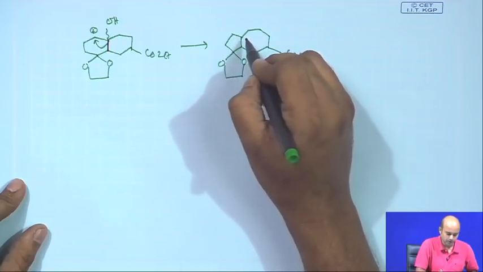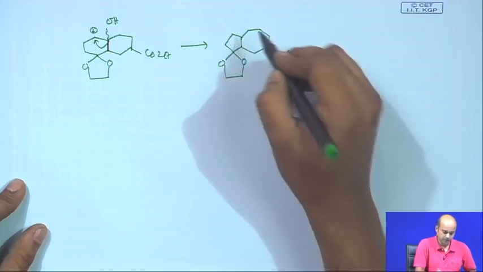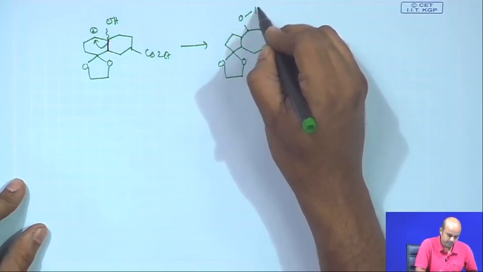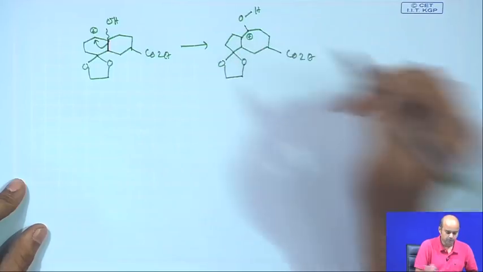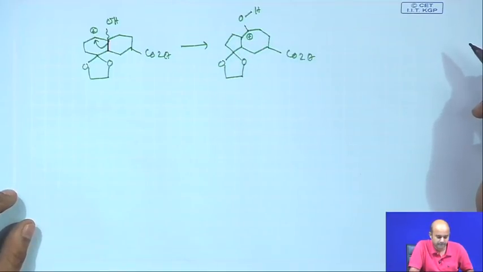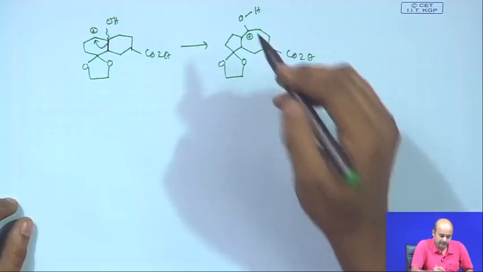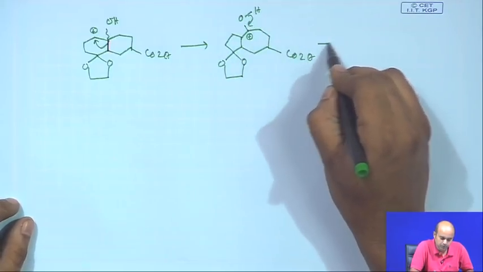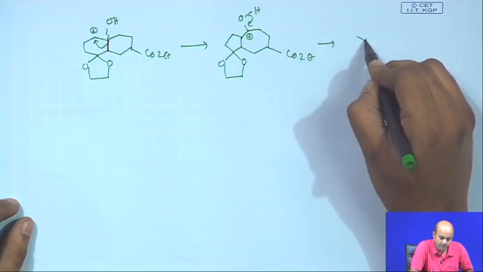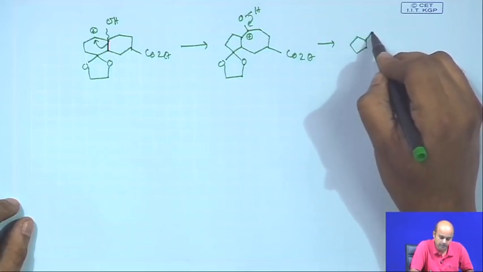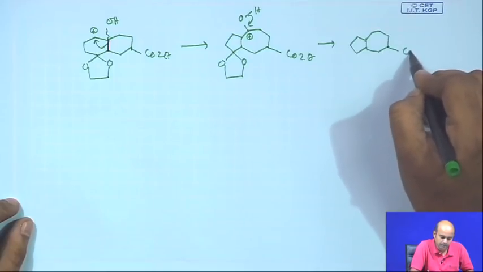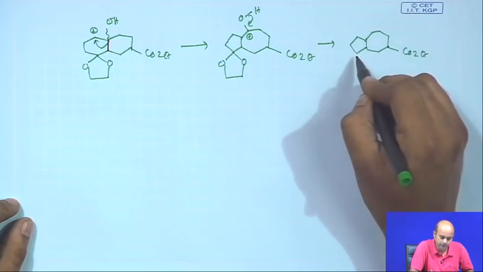The carbon framework remains similar. Now, basically you will be having this carbonium ion. And now, this carbonium ion will try to collapse to give you the 5-member and 7-member ring as the main product in this reaction.